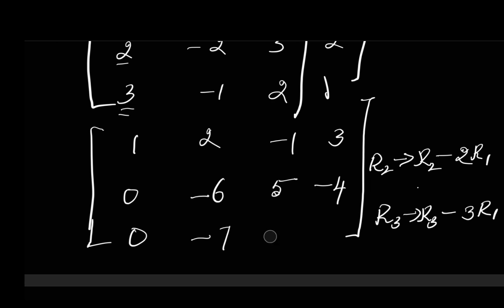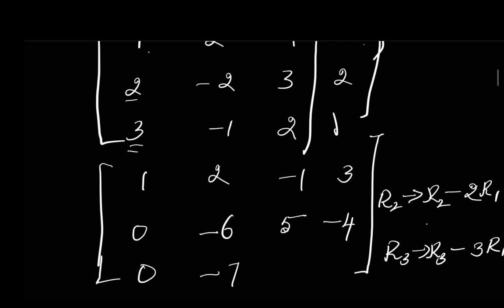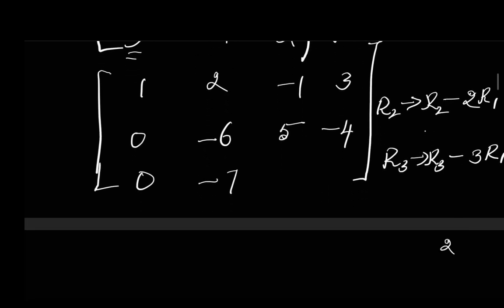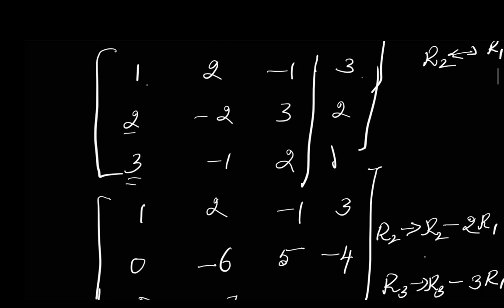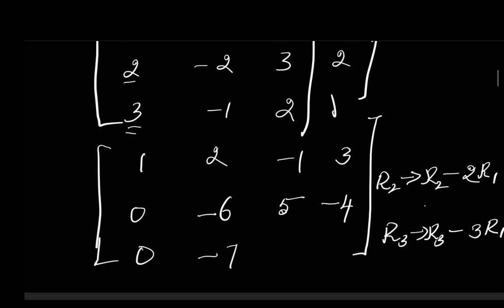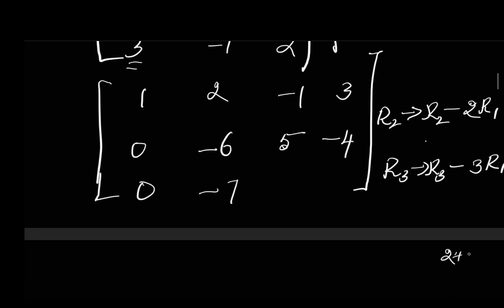See, here I made a small mistake. R3 is here 2. So 2 minus 3 times minus 1 plus 3. That is, you will get 5.